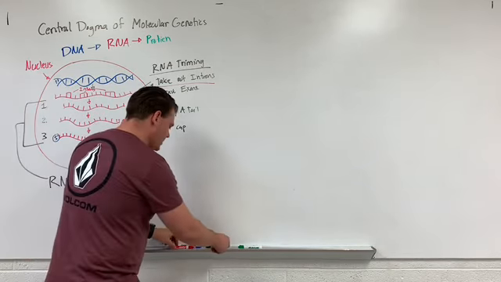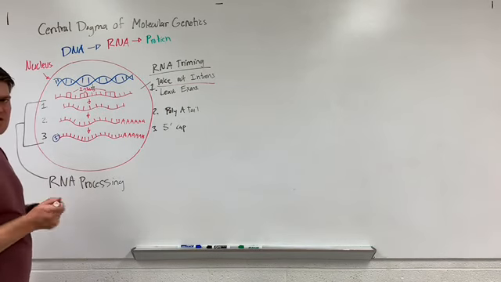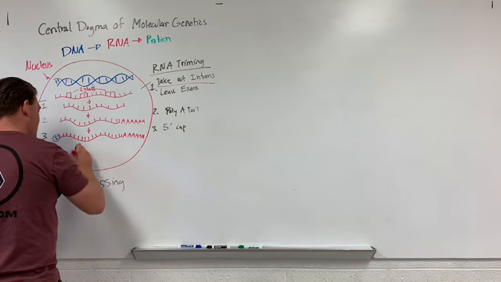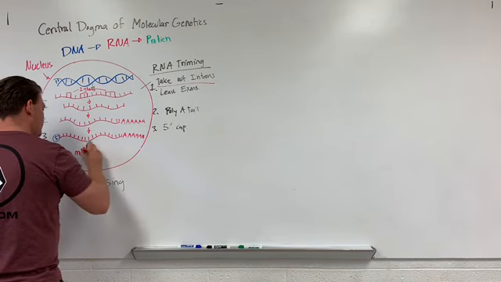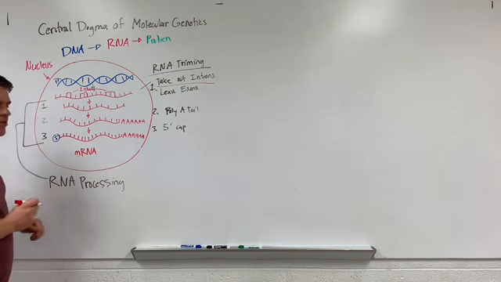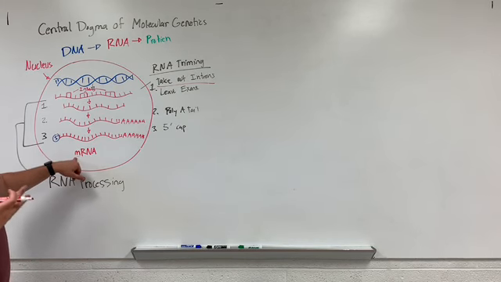Once it's ready to leave, we actually call it by a different name. We don't call it an RNA transcript anymore. We now call it an mRNA. We do this a lot with RNAs, where we give them a small letter in front of it to represent that it's a certain type of RNA.